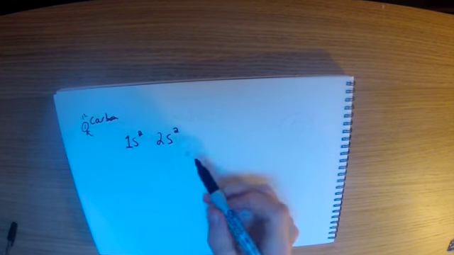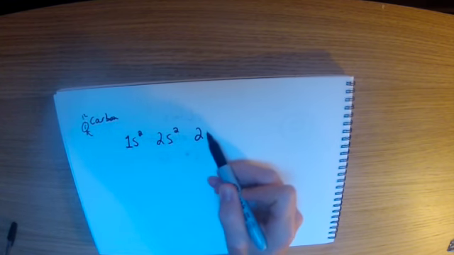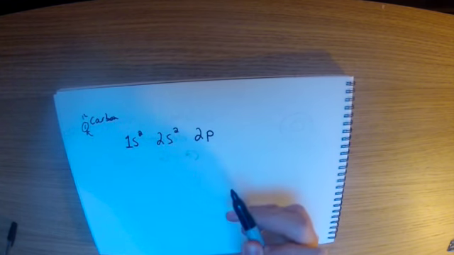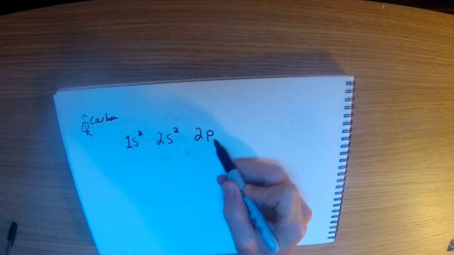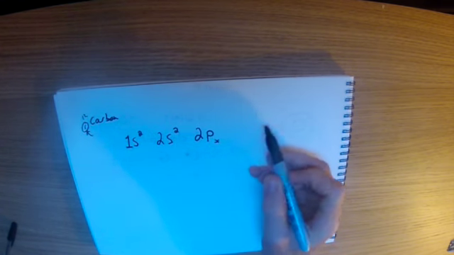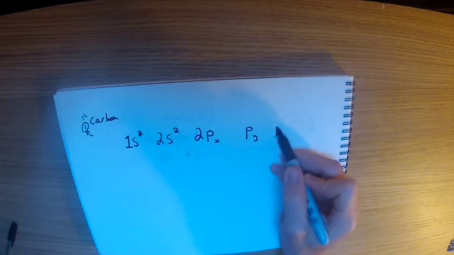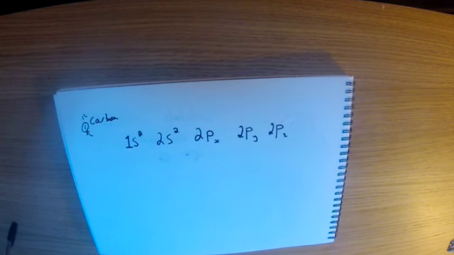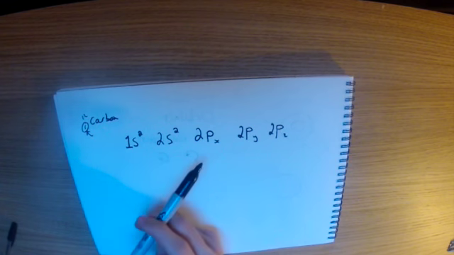Now the interesting thing here is it goes to P. And remember we said there were 3 P orbitals. So we call them 2px, 2py, 2pz, and you put 2 in front because this 2 tells us what energy level they're at. But there are only 2 electrons left to fill.